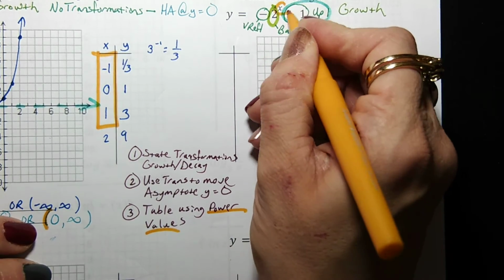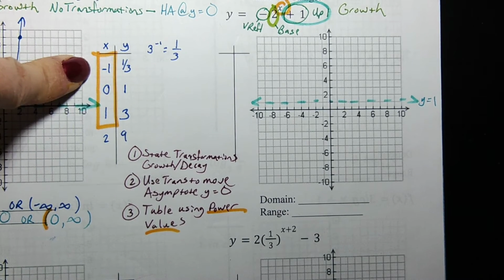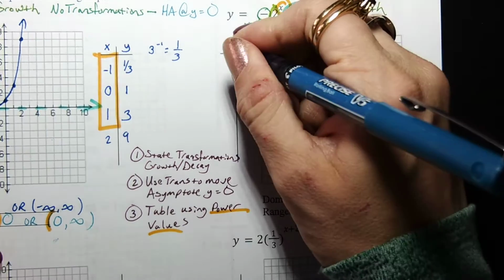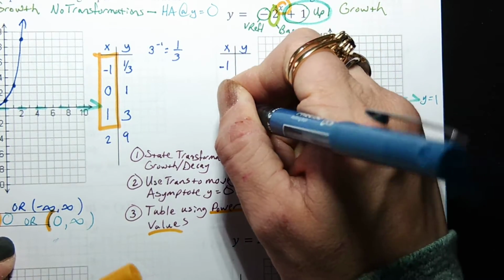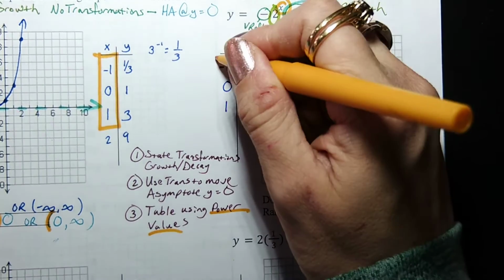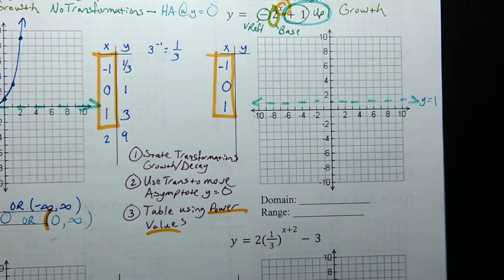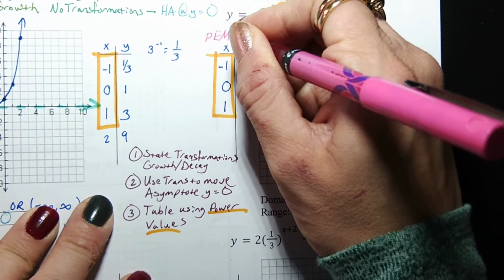So we look at our power. It is just x. So in order for me to get our power to be equal to -1, 0, and 1, I can simply plug in those values for x. So -1, 0, and 1. Now for the tricky part, your favorite acronym that continues to haunt us, PEMDAS.